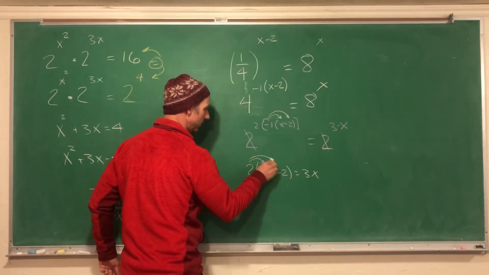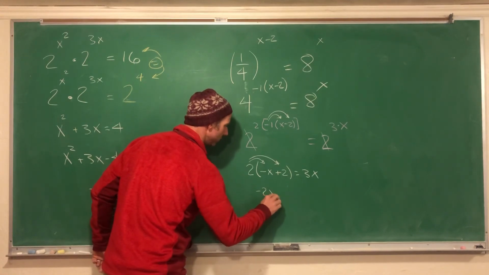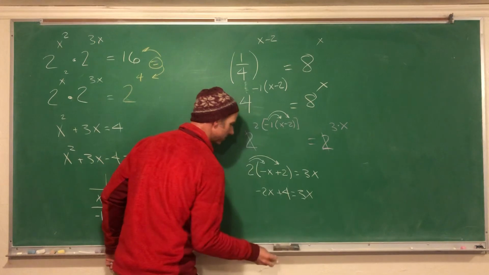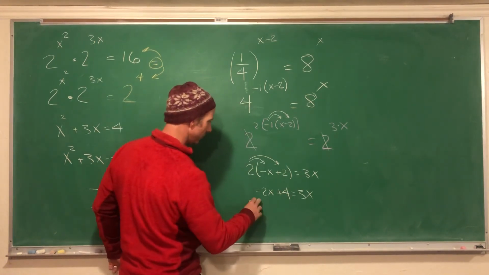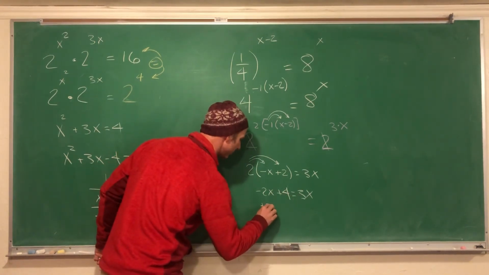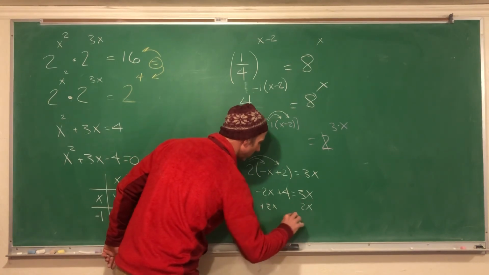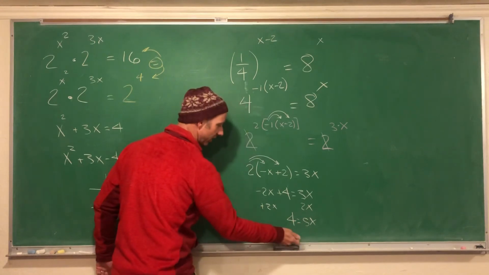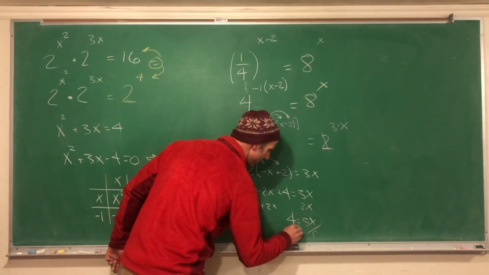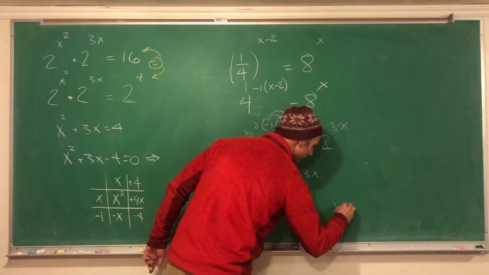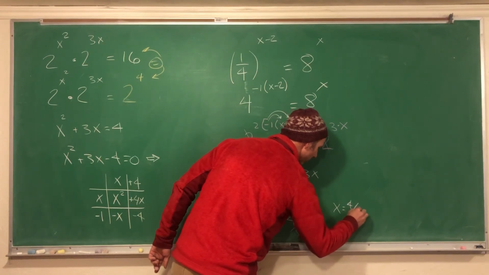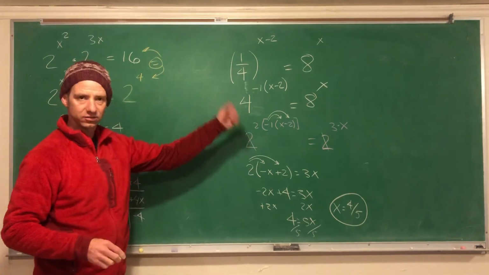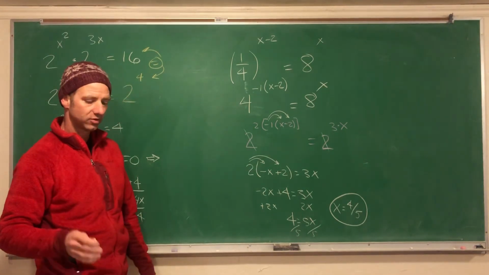Doing this again, -2x plus 4 equals 3x. Adding 2x, 4 equals 5x, divided by 5, x equals 4 over 5. I'll let you go ahead and check your work and substitute that in.